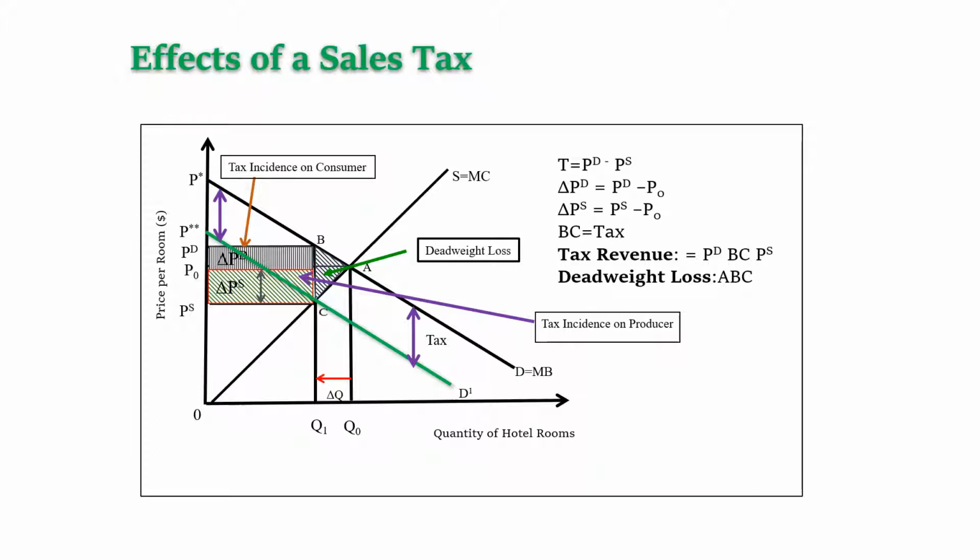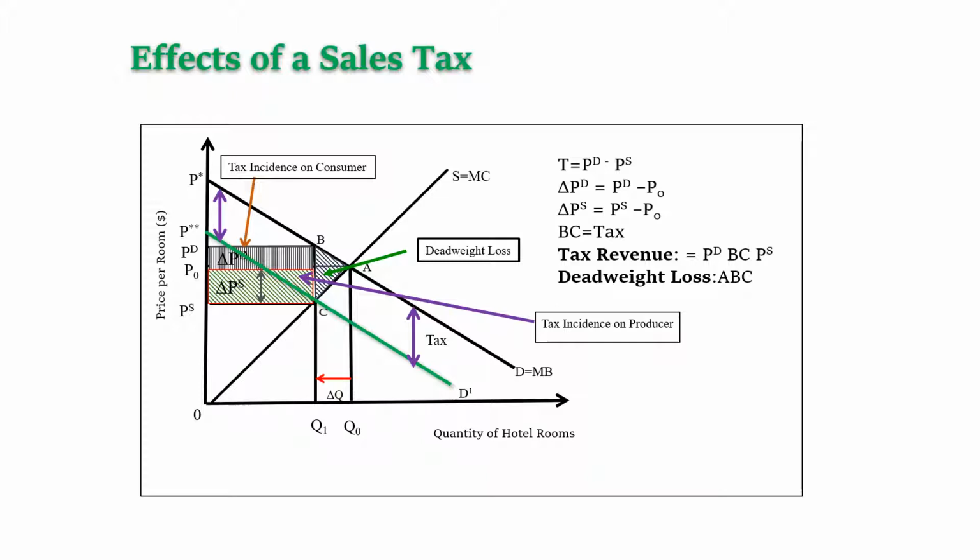When a tax is imposed, the seller is going to receive a lower amount for the good. So what the seller receives is referred to as PS here.